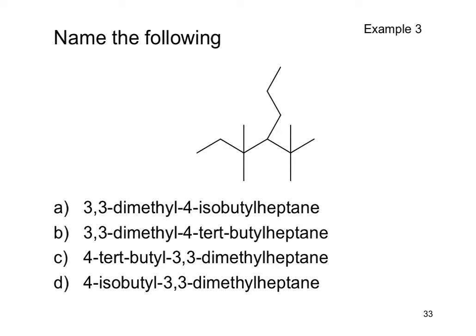I have for you some names. All of them are heptane, so you can't just eliminate. You have to look for the longest chain. I'm looking from, you will have to go up to locate your heptane, 5 and 6. So it's not straight chain. It is going to go in this direction.